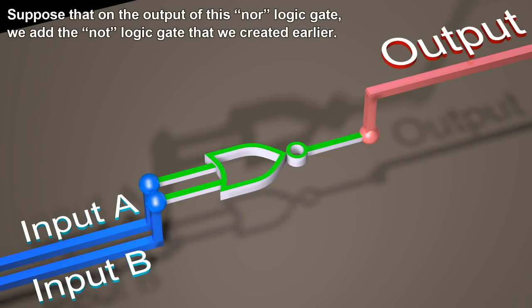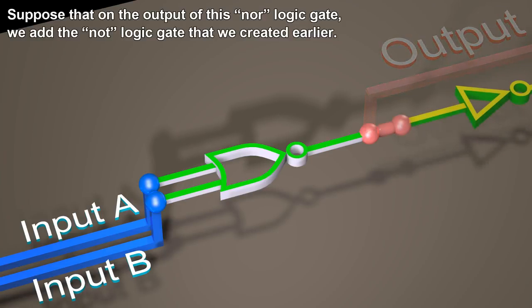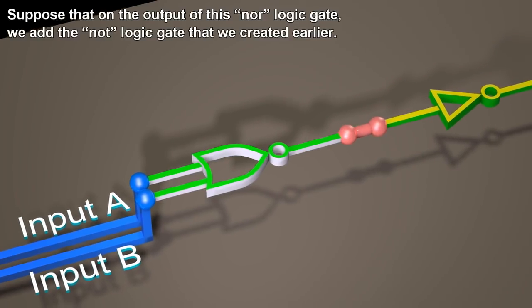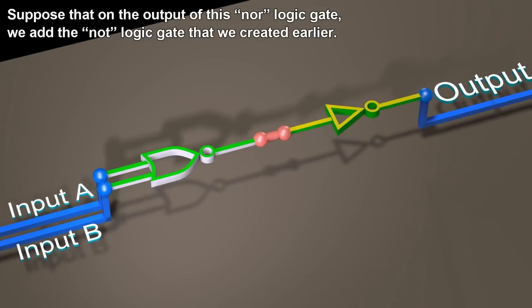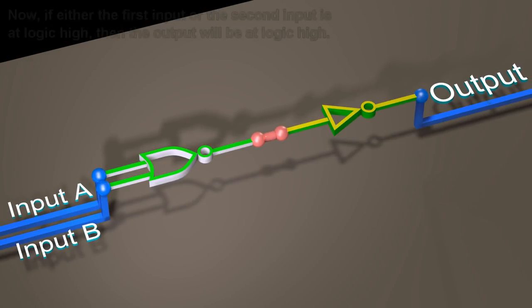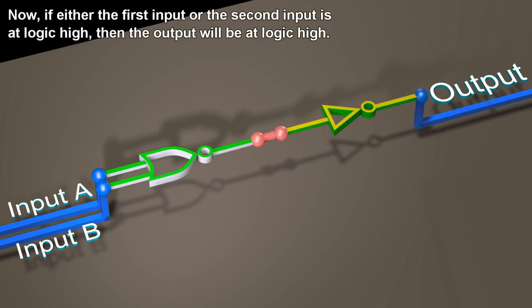Suppose that on the output of this NOR logic gate, we add the NOT logic gate that we created earlier. Now, if either the first input or the second input is at logic high, then the output will be at logic high.